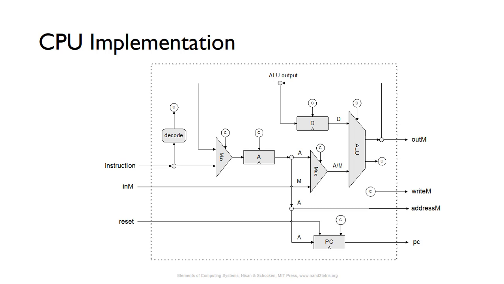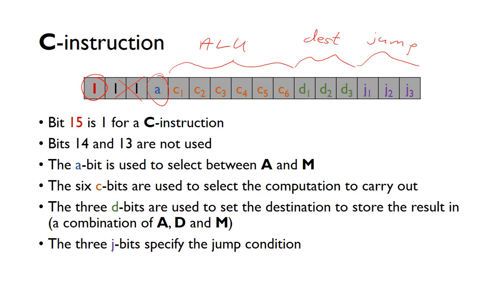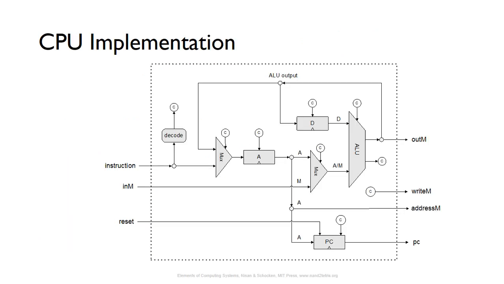But we'll just look at a couple of examples. Look at this A bit here. That is used to select between A and M. It's not too hard to see that this multiplexer selects between A and M, so this control bit is essentially that A bit. That would help tell us whether we're going to do the operation on A or M. Also with the ALU, the ALU output is piped out to the RAM.